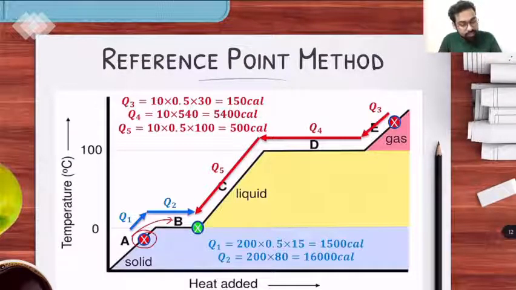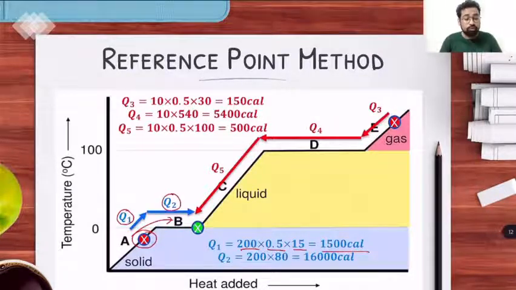Let us say Q1 was the heat required to bring ice from minus 15 degrees Celsius to 0 degrees Celsius. This would be m s delta theta, that is 1500 calories. Similarly, for Q2, this can be given as m into L, that is mass into the latent heat. So this would be 200 into 80, that would be 16,000 calories.